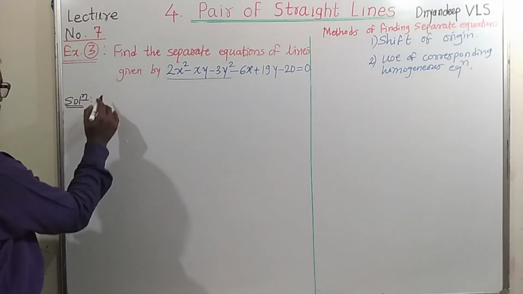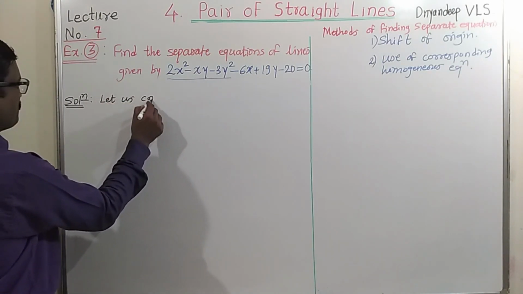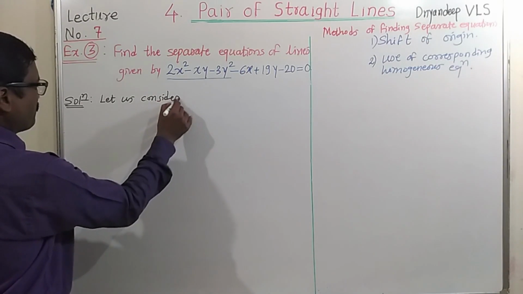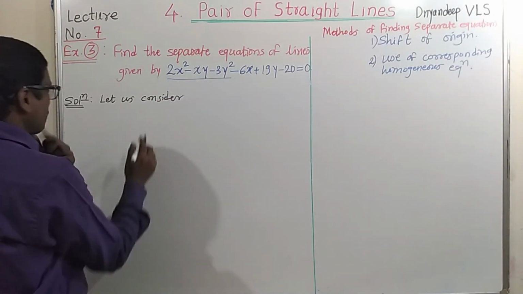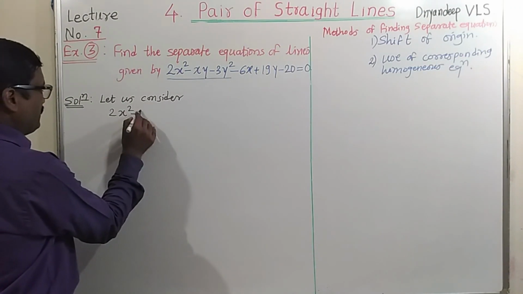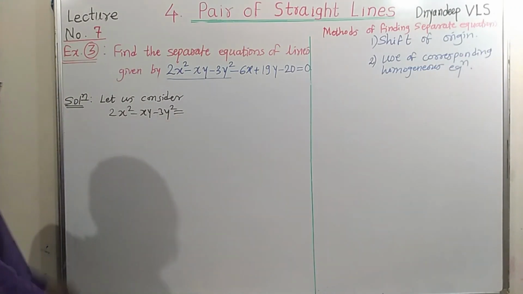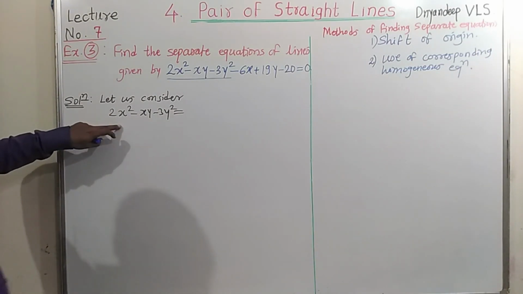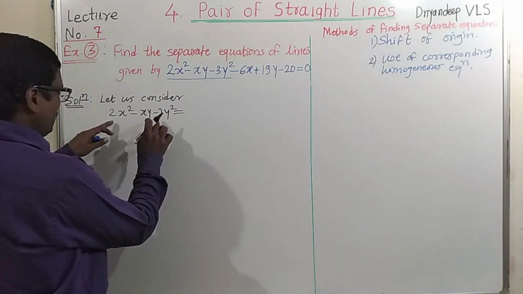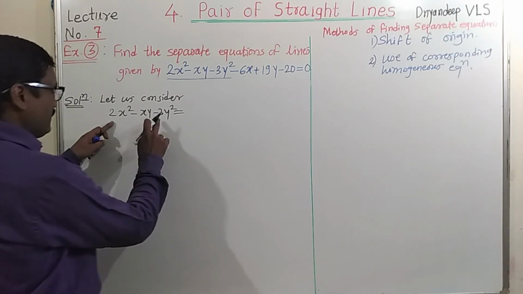The given equation is this. Let us consider this homogeneous expression, that is 2x square minus xy minus 3y square. Can you find the factors of this? Obviously, we want minus 1 in the middle, and these 2 and minus 3 are as they are.